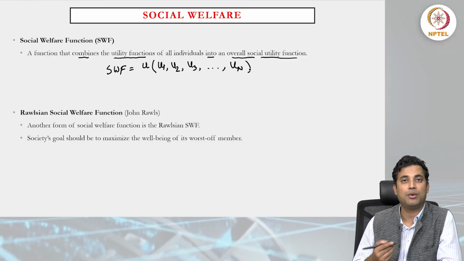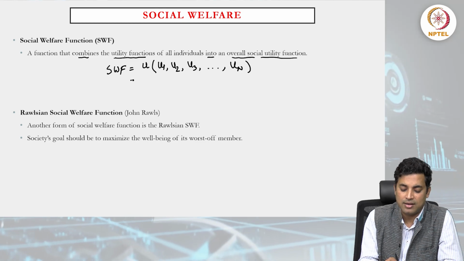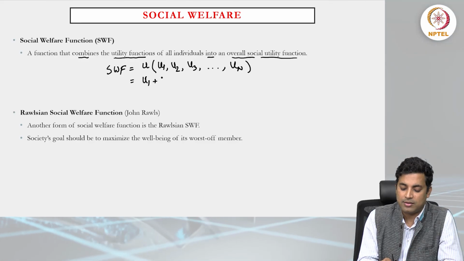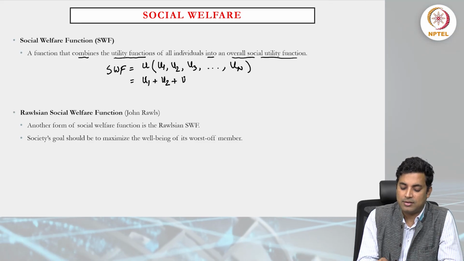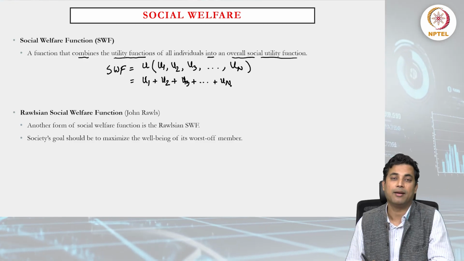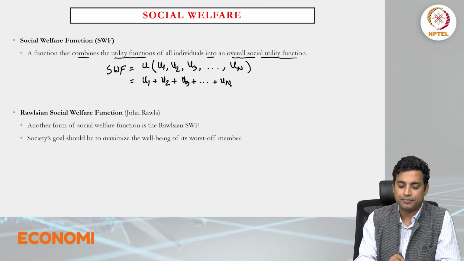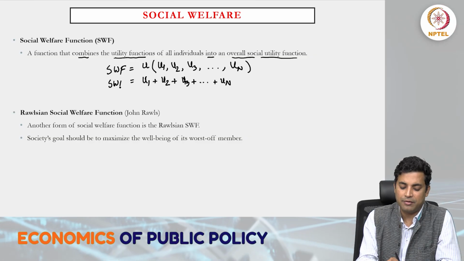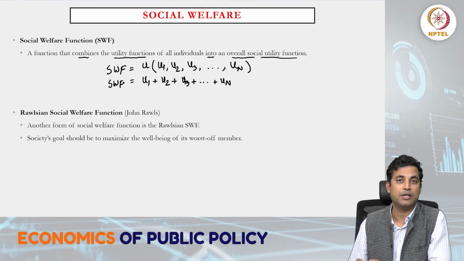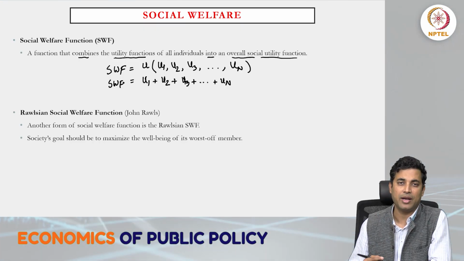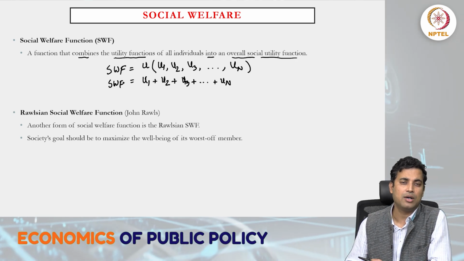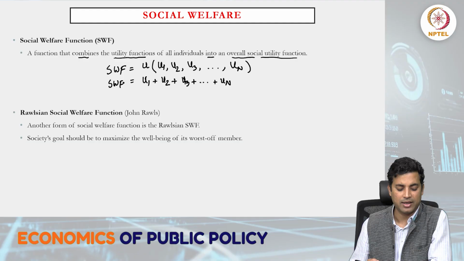In simple terms, we can also write it as the summation of U1 plus U2 plus U3 plus up to UN. So this is the overall social welfare function of the utility of any particular commodity or any particular policy meant for all of the population in the society.